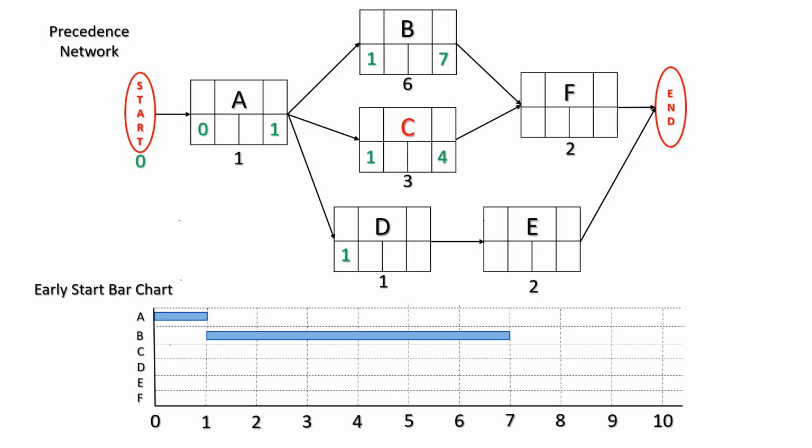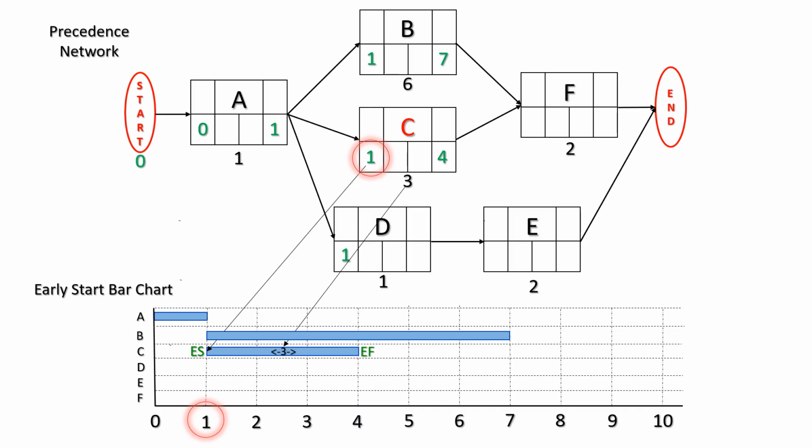In this case, the early finish is 4, the early start of 1 plus the duration of 3. And moving down to the bar chart, if we take the early start of 1, we can draw a bar for the length of the duration, which is 3 units, and we will end up at the early finish.